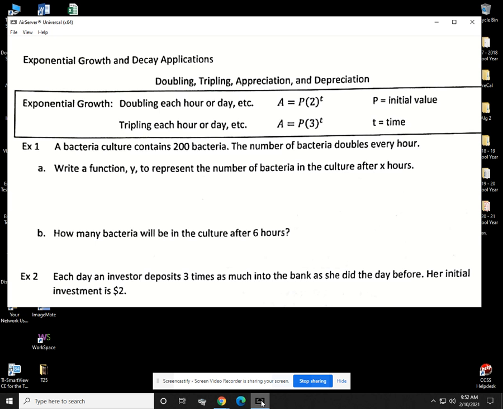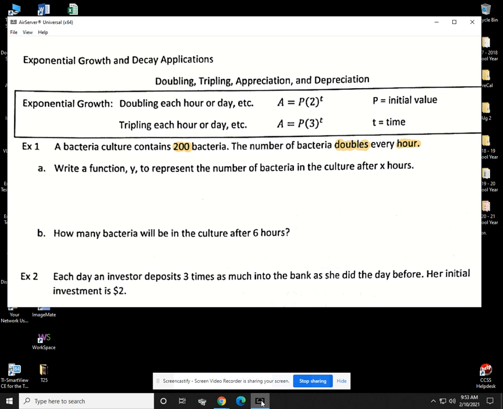Like, for example, look at this first question. A bacteria culture contains 200 bacteria. Obviously, that's going to be important. It says the number of bacteria doubles every what? Hour. So if I was looking at those two equations above, without a doubt, I'm dealing with which one?